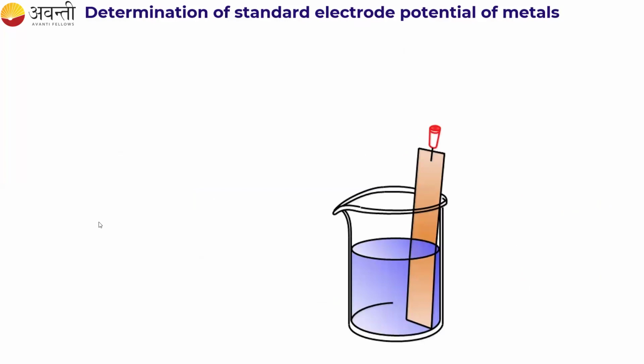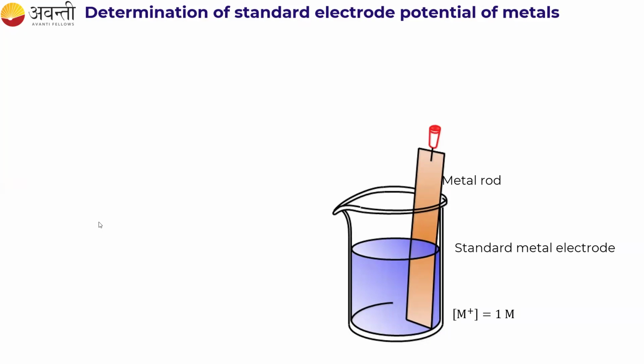Now, the determination of standard electrode potential of metals. This is the next topic, one of the subtopics under electrode potential. To understand this, we are taking a beaker with an electrode dipped inside it. It is a standard metal electrode, a metal rod, and the concentration of the metal ion is 1 molar.